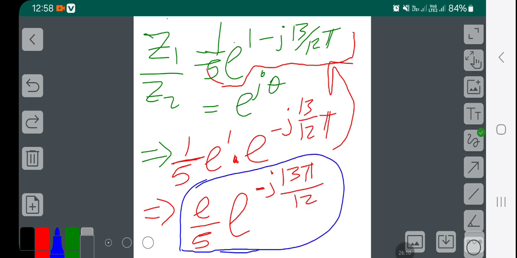Yeah, this one is very important, which means our r here, our radius, which is your modulus. Okay, your modulus is going to be your e over 5. Then your argument is negative j 13 pi over 12.